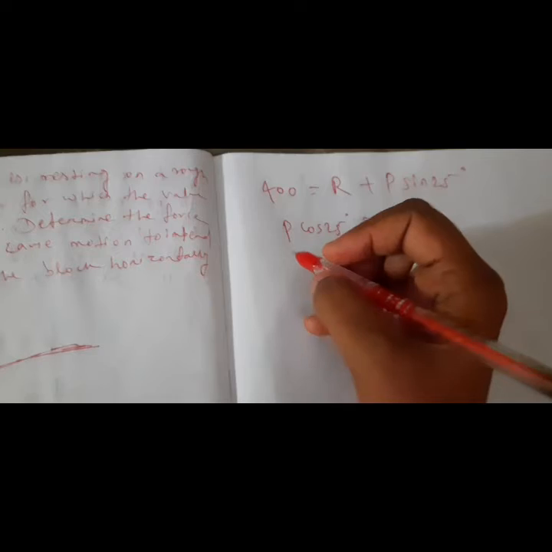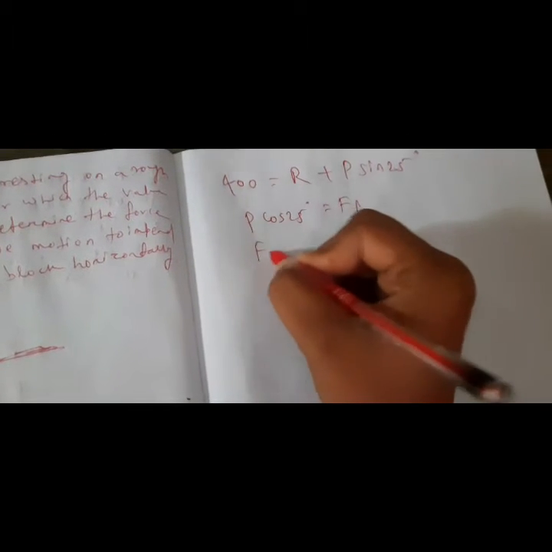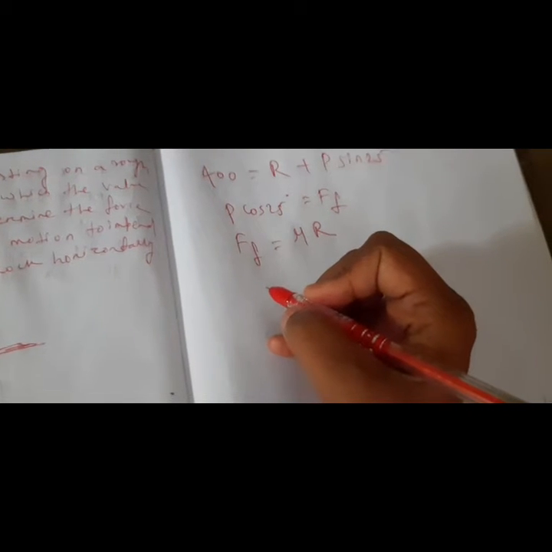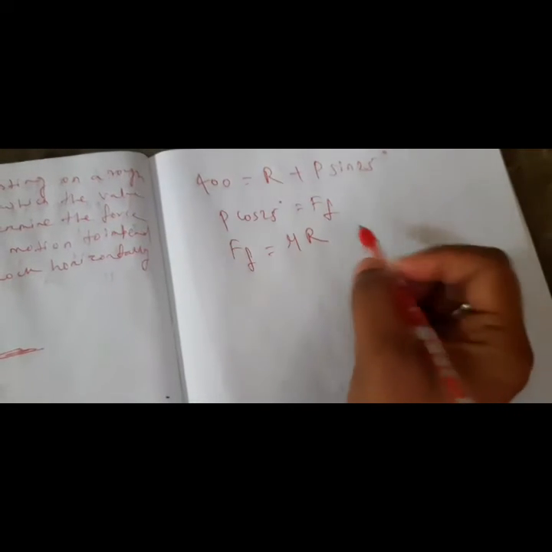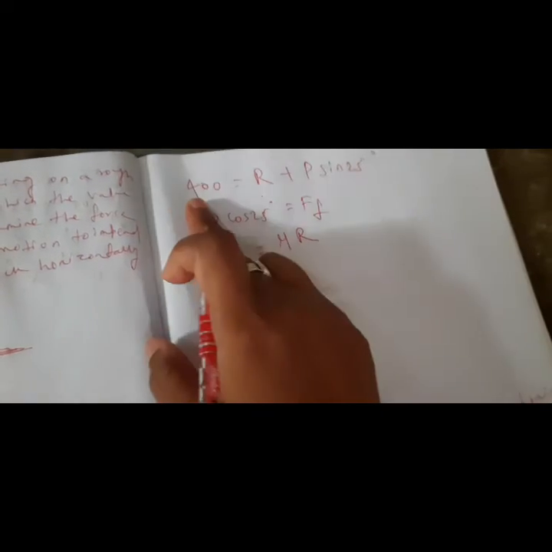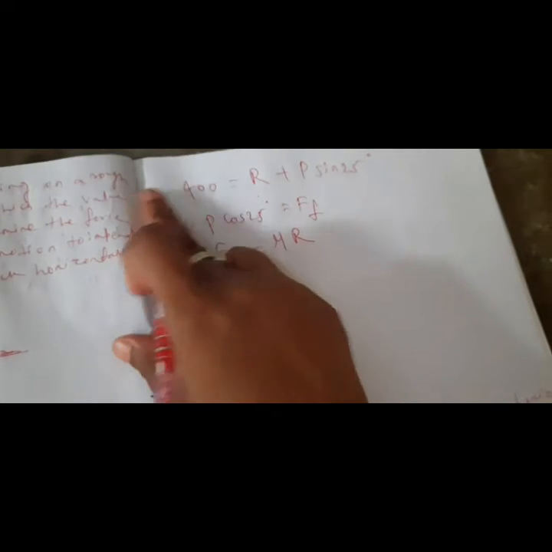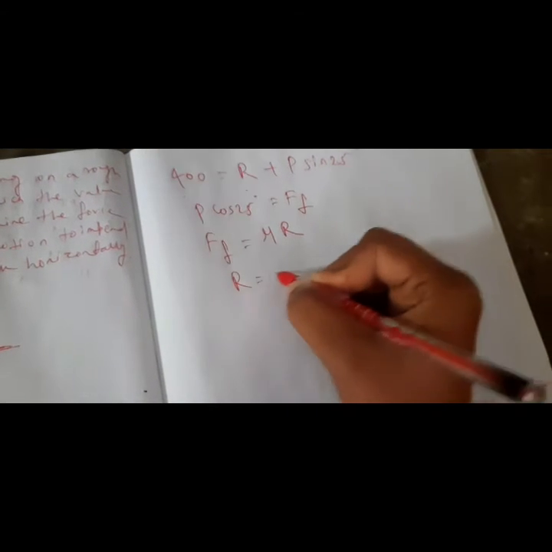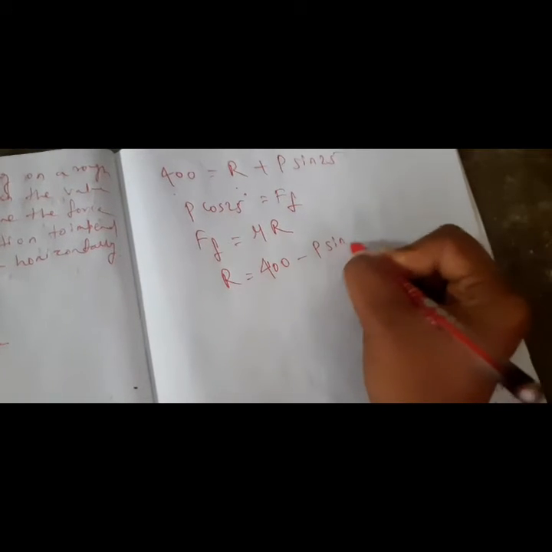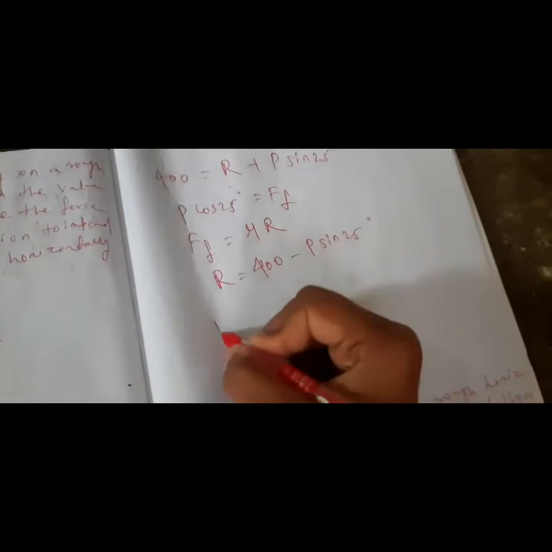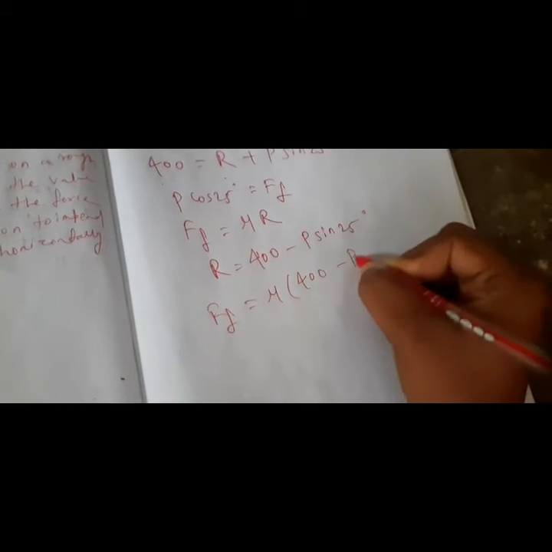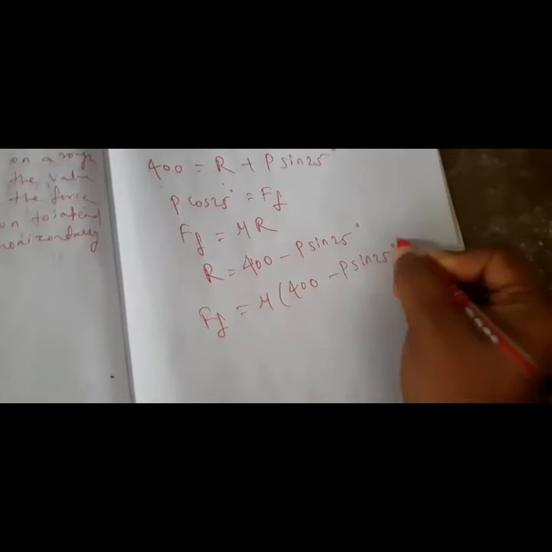From the laws of friction, that is from Coulomb's law, we know that frictional force equal to mu times normal reaction. From the vertical balance, we take this value to this side, so we get R equal to 400 minus P sin 25. So frictional force equal to mu times (400 minus P sin 25 degree).